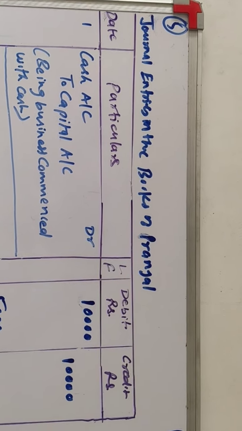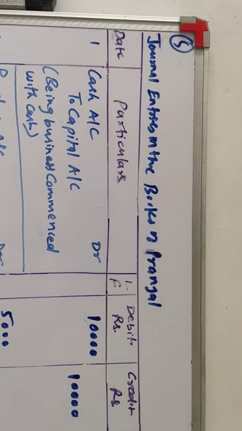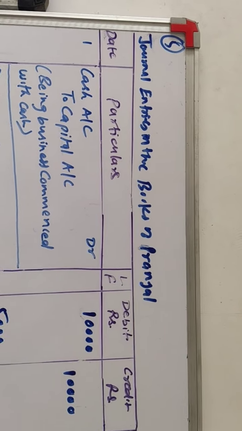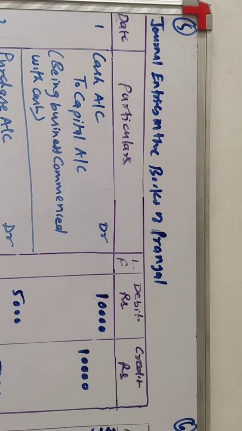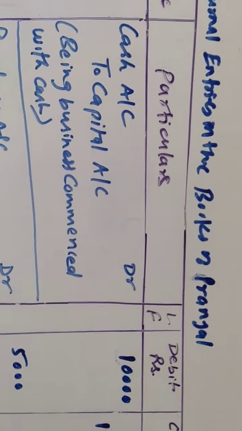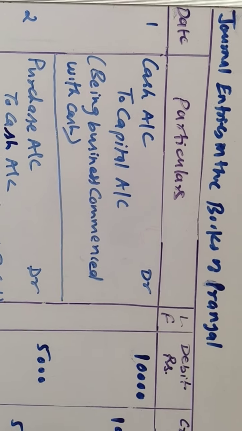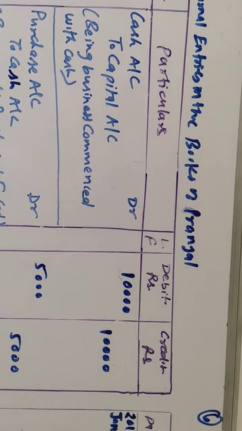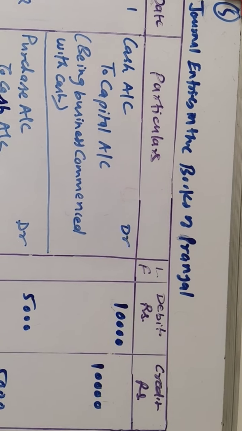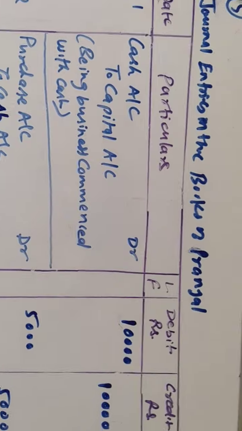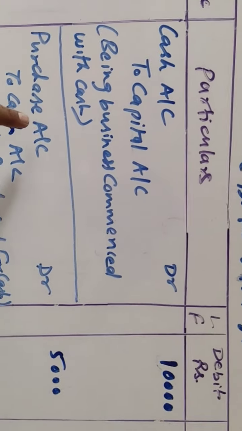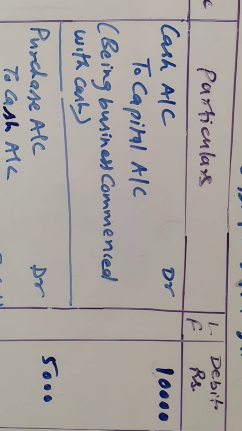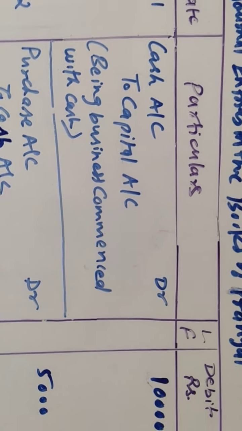There will be 5 columns as we have discussed already: date, particulars, LF, debit rupees and credit rupees. So the first entry, cash account debit to capital account, being business commenced with cash, and in the amount column rupees 10,000 and 10,000. We very well know what is written after the entry. After the entry, this is the narration. This brief explanation of the transaction is known as narration, which is needed after passing the journal entry.